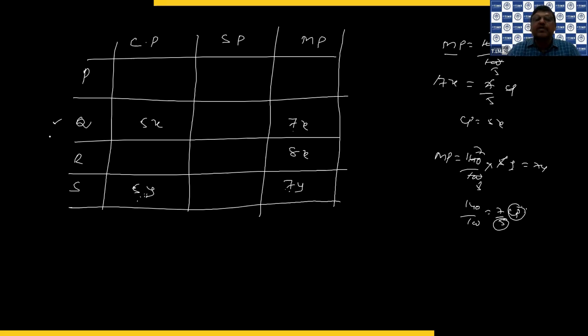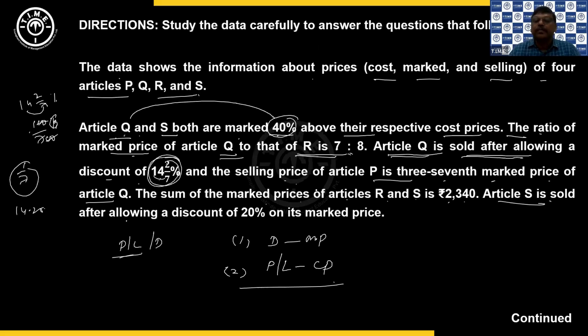So 1/7 discount is given on market price means 1/7 of 7x. X is the discount. Selling price is market price minus discount. 7x is the market price, discount is x, so it will be 6x. Selling price is 6x.